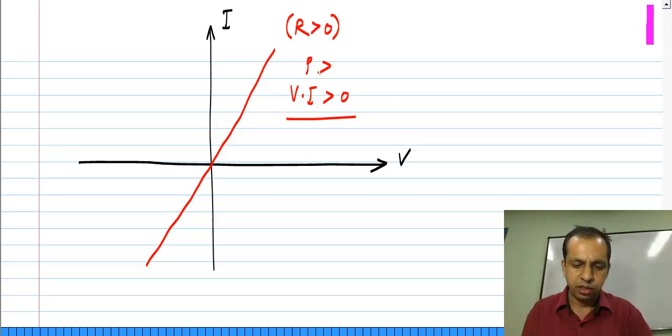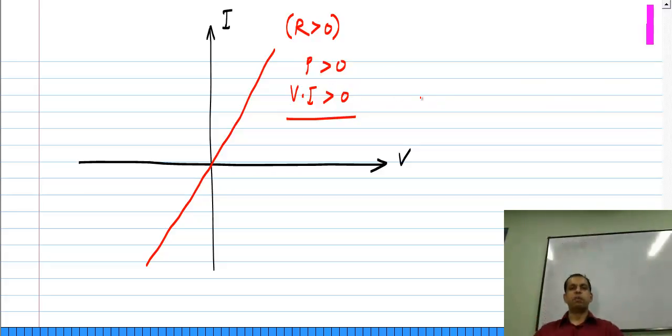So, that means that the power is greater than 0 as we have defined it, and the power we have defined is the power delivered to the resistor, power delivered to the element. Okay. This is the significance of the passive sign convention. Passive sign convention is such that if you take voltages and currents according to the passive sign convention and multiply it, the result will be positive if the element is absorbing power. Okay.